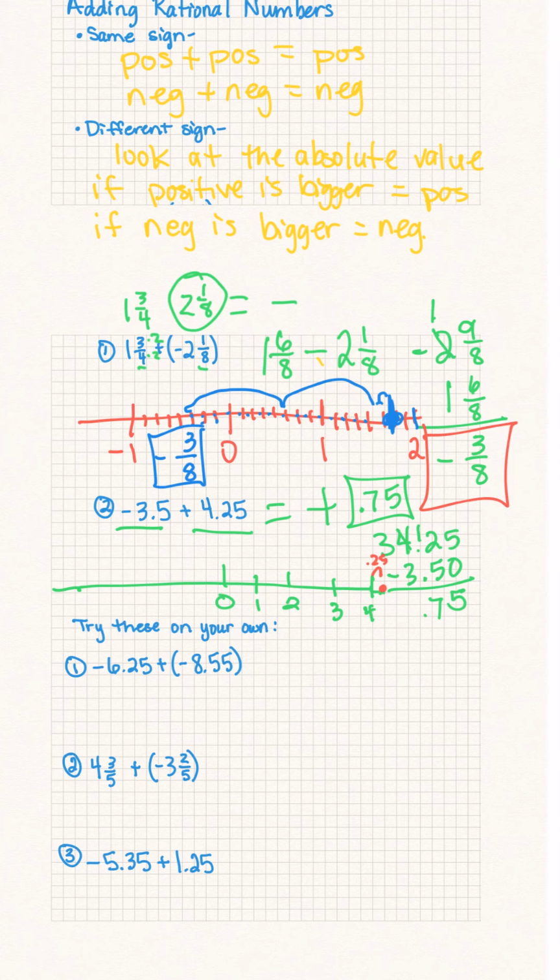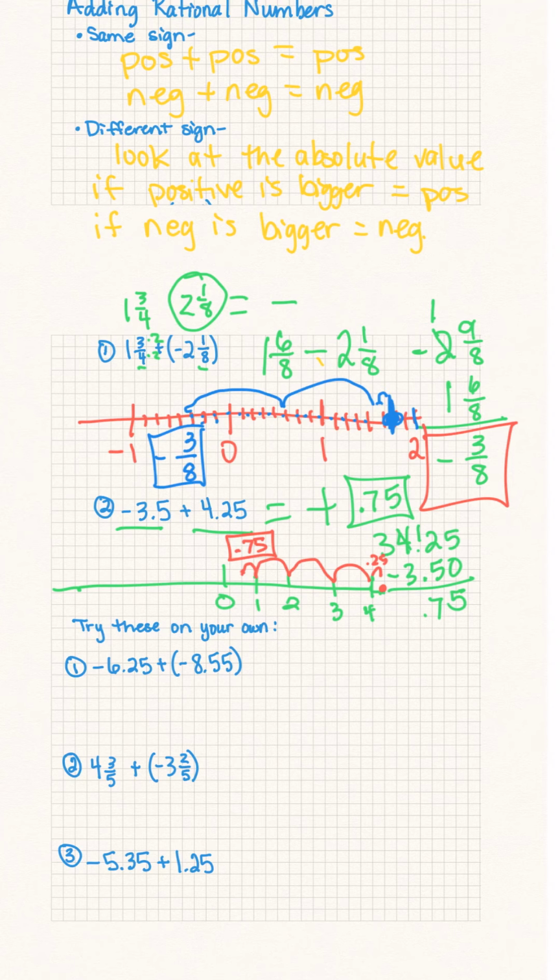And then we want to subtract 3.5. So here's 1, 2, 3. Here's 0.25. We need to subtract another one. If we take a quarter away from a whole, we are left with 0.75. Same answer. So try these next 3 on your own and then check back with me to see if you got the right answer.